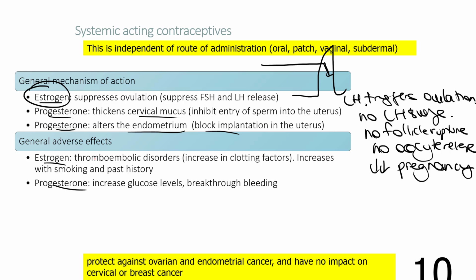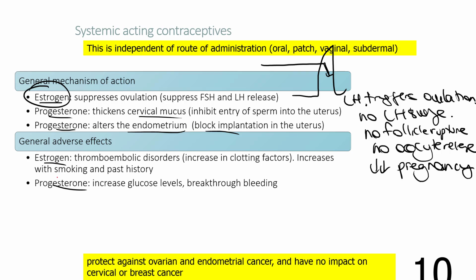Right? And this is because estrogen and progesterone, given singly or together, stay at basically the same levels throughout the cycle and don't go up and down very much from day to day, right? Compared to what happens normally.